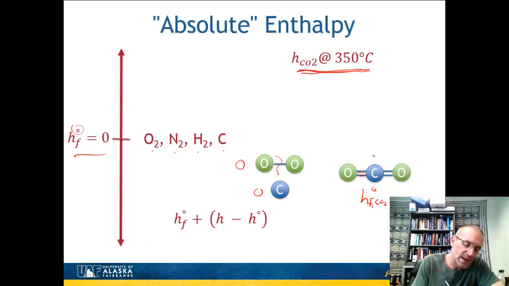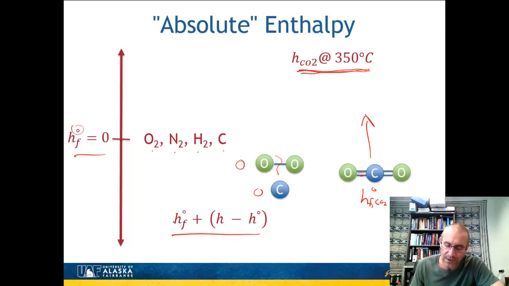Now I want to take this from 25 up to 350, for example. I'm going to use this equation right down here, where I take the enthalpy of formation value that I just calculated, and then this right over here is going to be my change in enthalpy, for example, at 350 minus at 25. Those are the two temperatures.